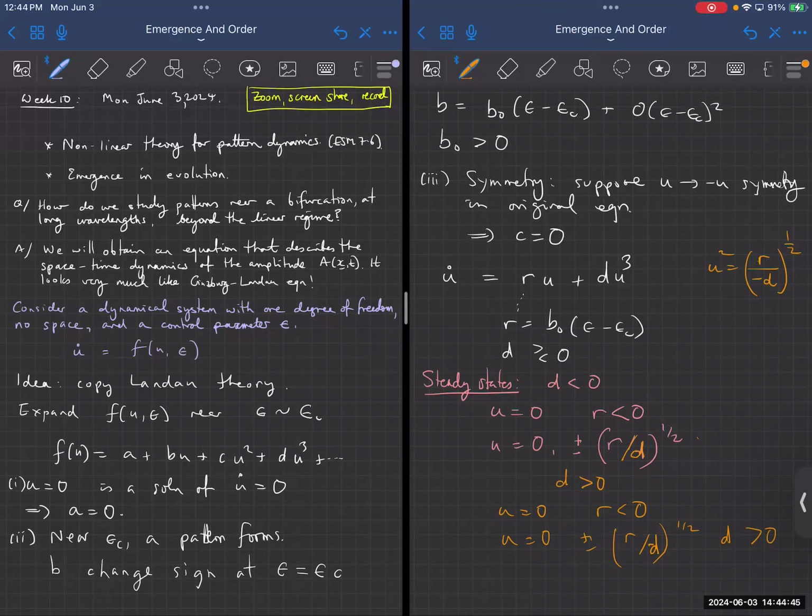Why is this such a mess? Because if R is less than 0, then... this one here is R greater than 0. So if R is greater than 0, then the solution is always minus D. And D is negative, so this is plus or minus R over minus D to the 1/2.